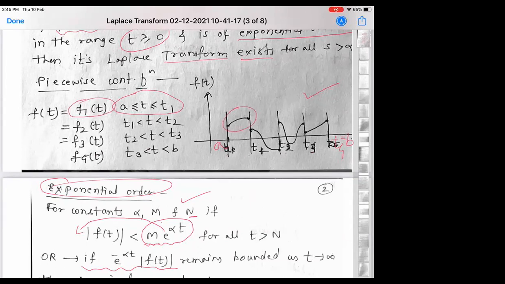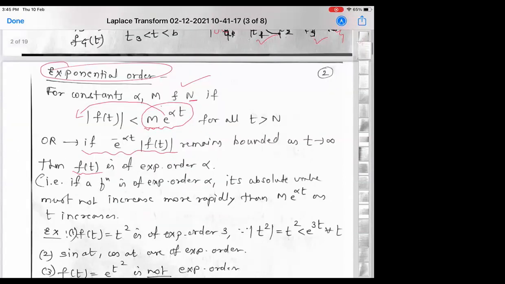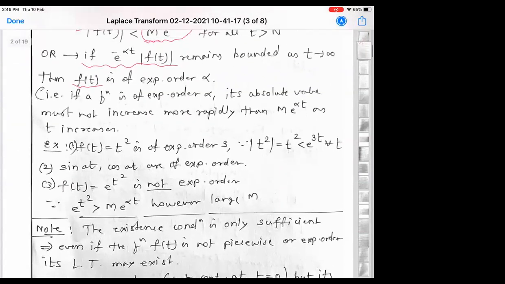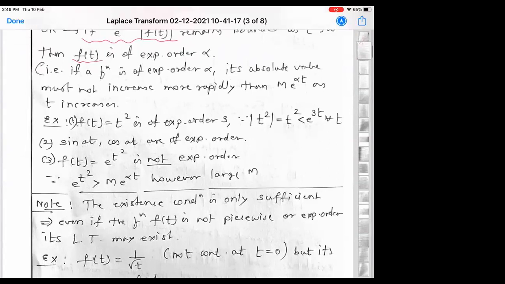Then t1 to t2, the function is f2(t). So this is the graph of the second function. Then t2 to t3, this is a new graph. And t3 to b, the last one, this is the graph. Like that, in different parts the function is continuous, giving continuous graphs. That is why it is called piecewise continuous. So when these two conditions are fulfilled, then only can we find the Laplace transformation.